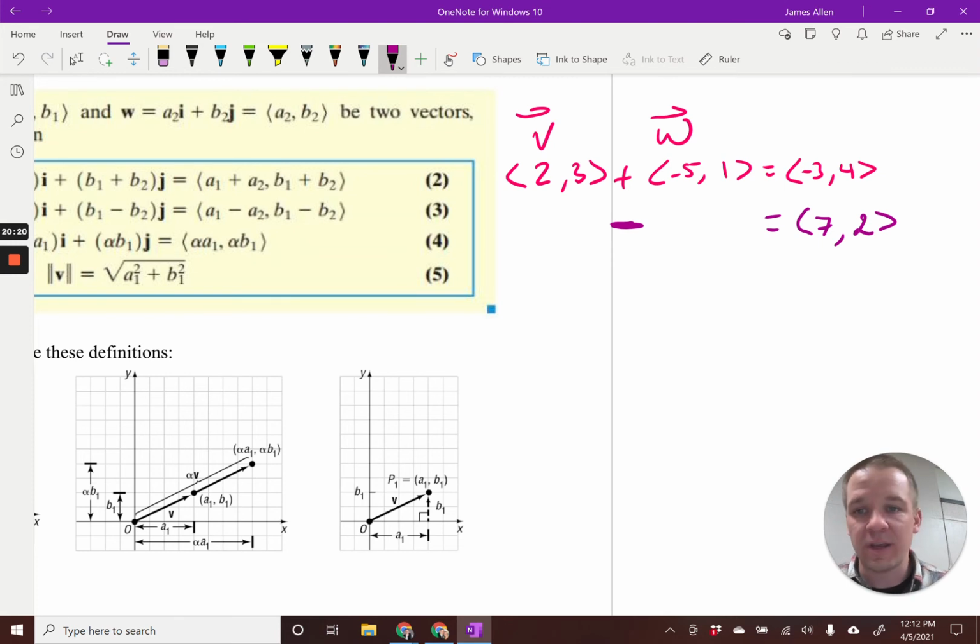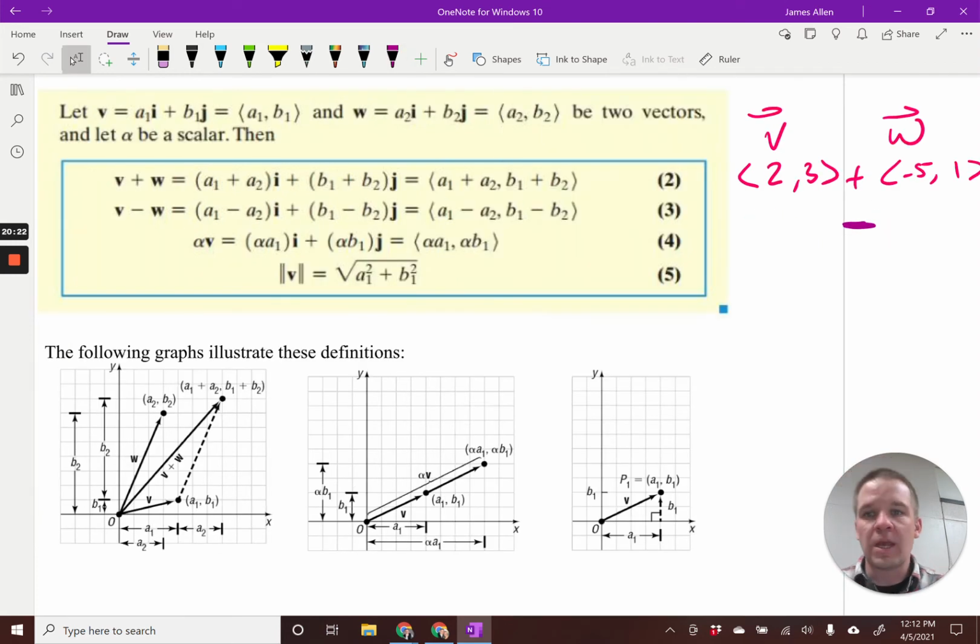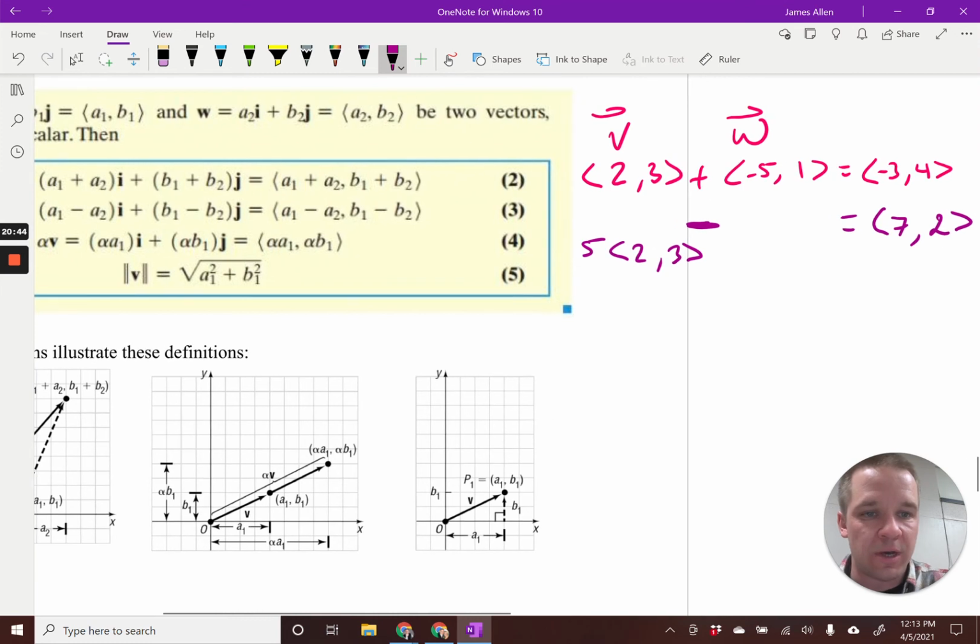And now if alpha is a scalar, alpha times that vector v, I would multiply that alpha into your x direction and your y direction as well. Let's do an example here. Let's say I had the number 5, and then we had 2, 3 for our vector v. Well, my result would then be 5 times 2 is 10, and 5 times 3 is 15.